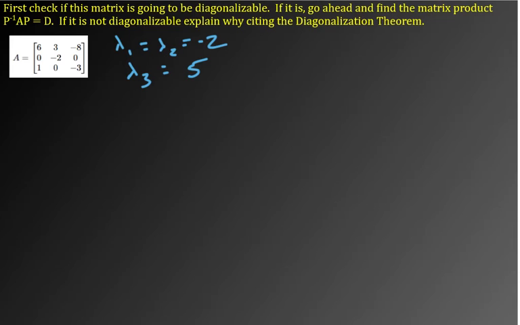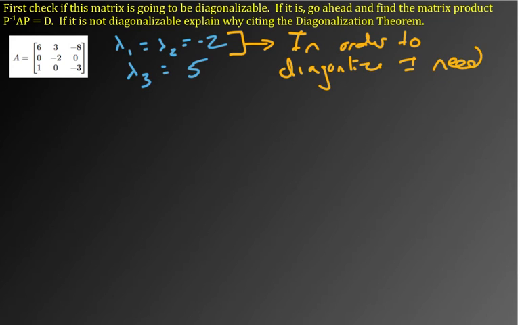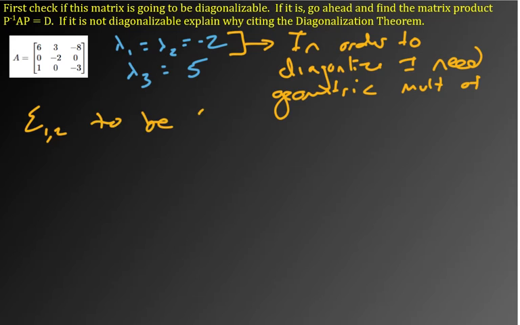And what I would notice is, this one right here has algebraic multiplicity 2. So in order to diagonalize, I need the geometric multiplicity of the eigenspace for lambda 1 and 2, we'll call it that, to be 2.